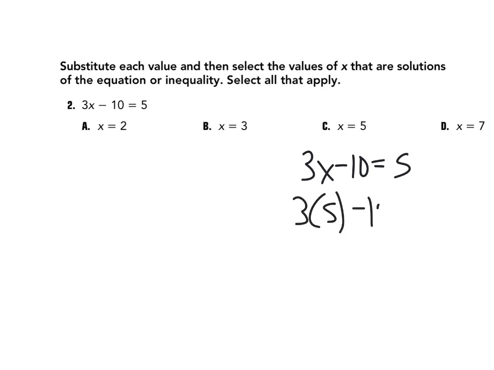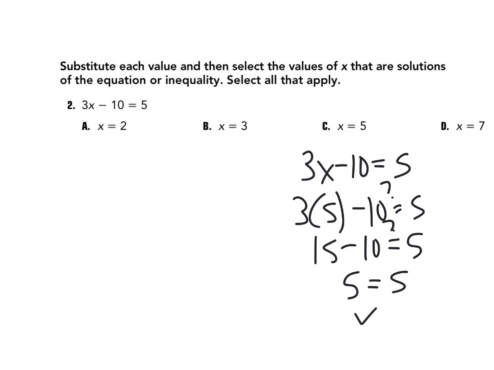If you put a 5 in place of the x, that one actually works. So x equals 5. For the equations we're doing right now, there's only one possible value at the most that can work. So if you find something that works, the others should not work. Once again, if you had time, you could try them just to make sure that you worked it out correctly.